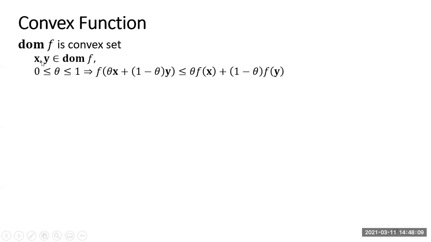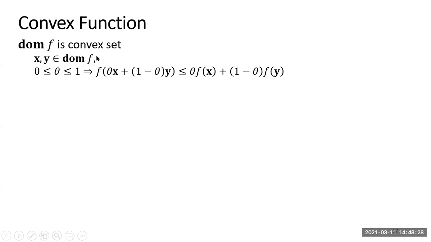X and Y are 2 points in the domain of the function F, which, let's say, is a convex function. This is the definition of a convex function. For a convex function, the domain must be a convex set, by the way.